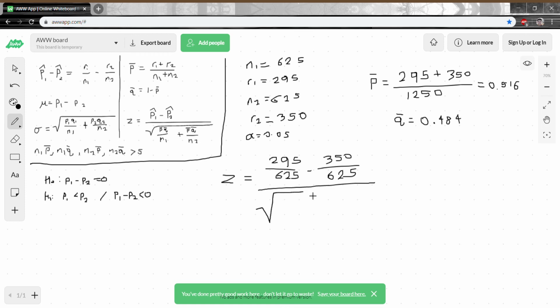So our standard deviation is going to be written as the square root of P bar, 0.516, times Q bar, which is 0.484, divided by the sample size of 625, and we're going to add the same thing.